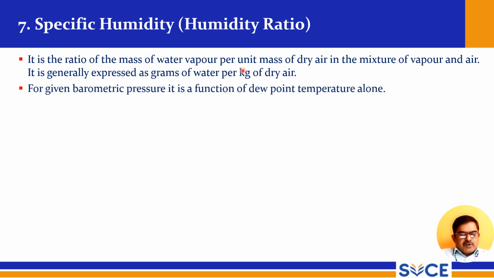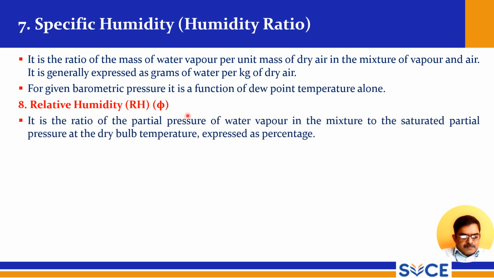For a given barometric pressure, it is a function of dew point temperature alone. Relative humidity RH, also denoted as phi, is the ratio of partial pressure of water vapor in the mixture to the saturated partial pressure at the dry bulb temperature, expressed as a percentage.